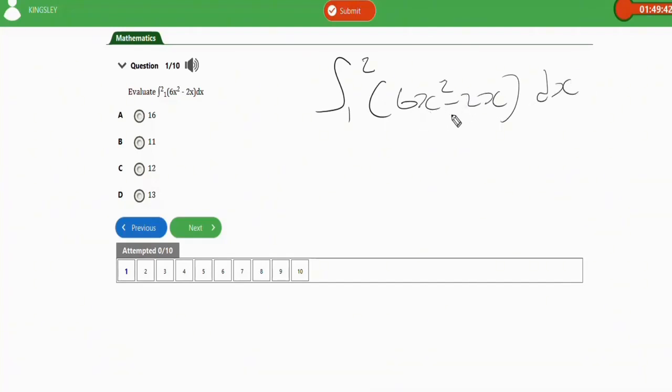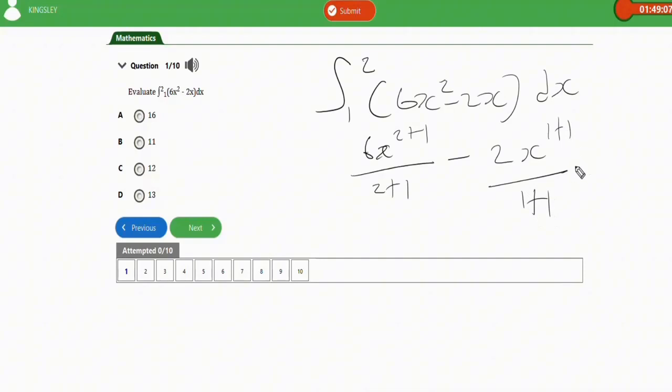Now let's integrate this. To integrate what we have in the bracket, it will be 6x squared plus 1 over 2 plus 1. Now the idea behind integration is to increase the power of x by 1. What you do for the power of x, you bring it down as a denominator. Then minus 2x, 1 plus 1 over 1 plus 1.